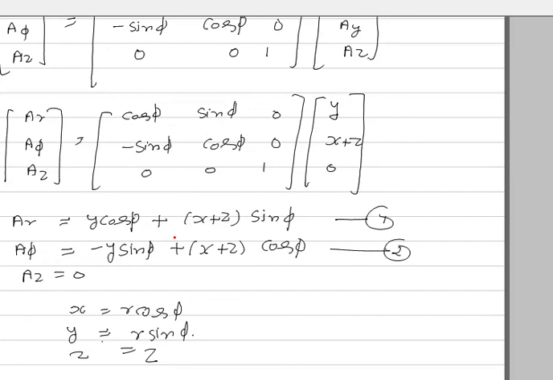Okay, so now we add the page. AR equal to, the value of y is r sin phi cos phi, plus the value of x, r cos phi, plus z sin phi.